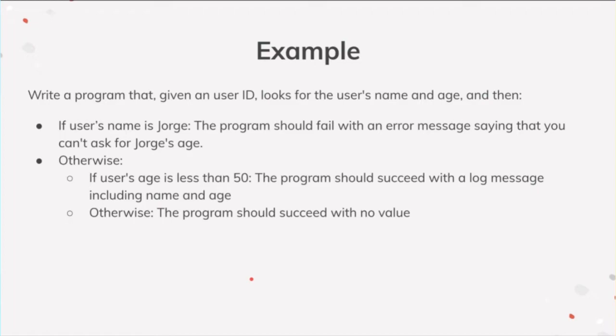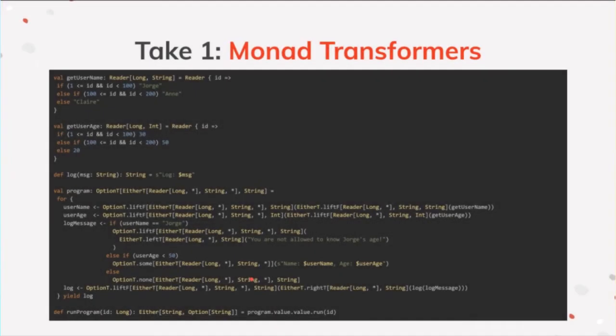So I'll just try to explain a little bit about this code. I have two mock methods here, getUserName and getUserAge. These methods return readers, and these readers just wrap functions from ID, that's the user ID, to a name or to an age. So these are just mock implementations for now.